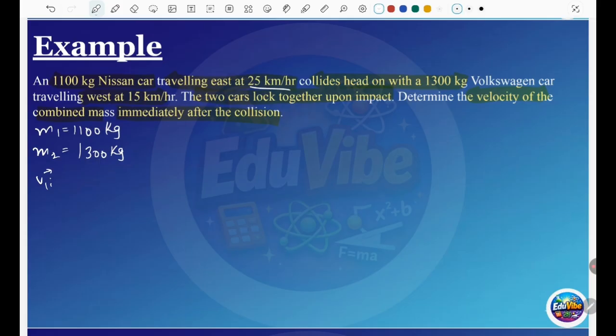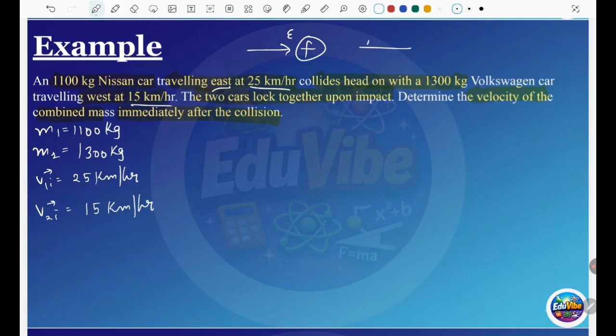V1i is equal to 25 kilometers per hour, and V2i is 15 kilometers per hour. The first one is in east, so east is positive, and west is negative. So this 15 should be negative. Then we have to find the combined velocity of both.